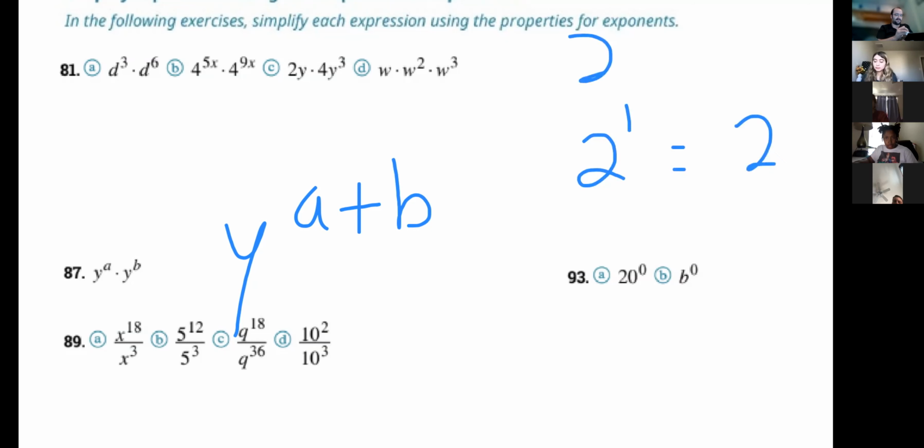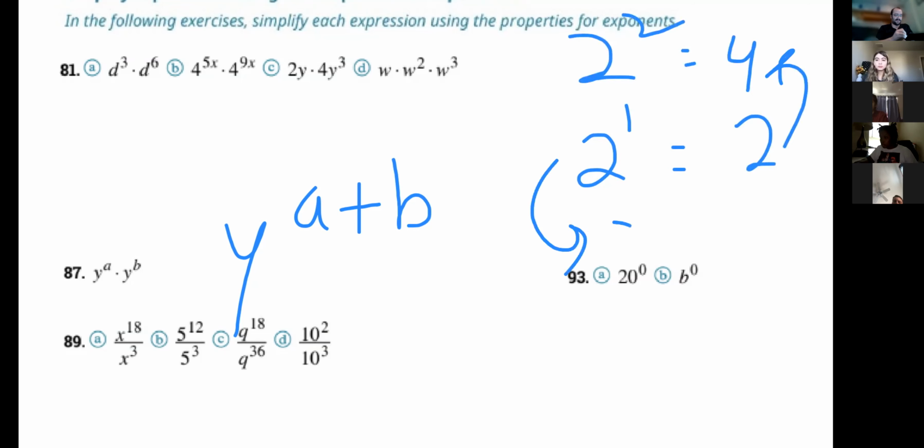If I have a 2 squared, that's 4. So if I go this way, I'm multiplying by 2. So if I go this way, what is that going to be? If this is 0, 2 divided by 2 gives me what? 1.